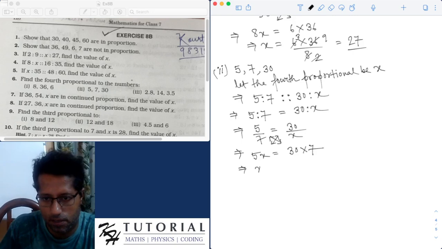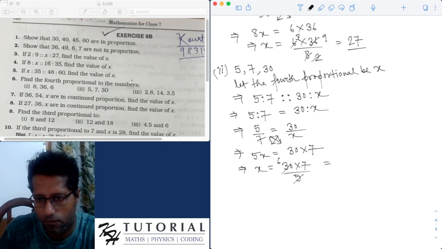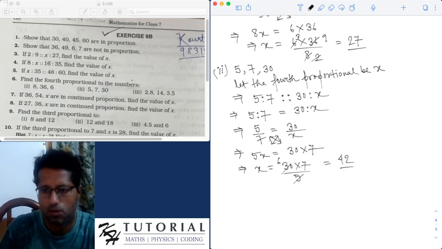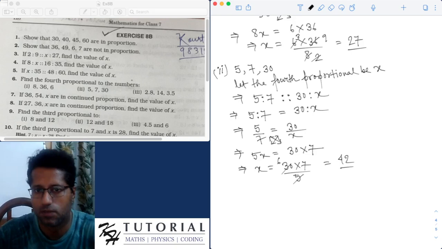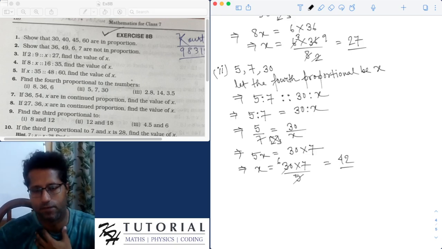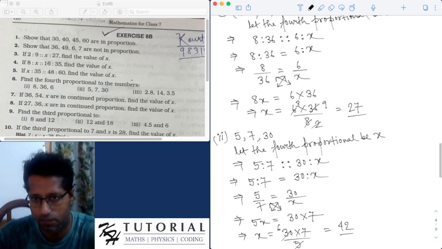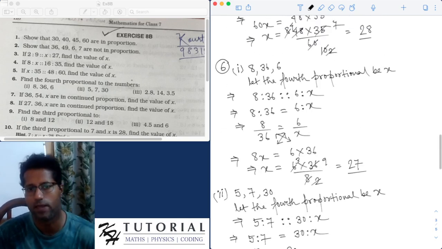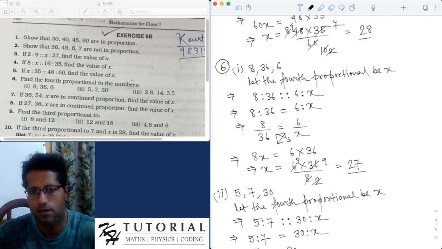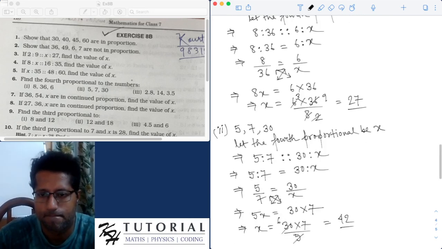This implies x equals 30 into 7 by 5. This is 42. So x, the fourth proportional to 5, 7 and 30, is 42. Similarly, in the previous problem, the fourth proportional to 8, 36 and 6 is 27. Okay.